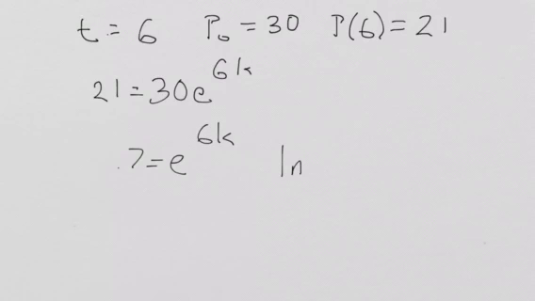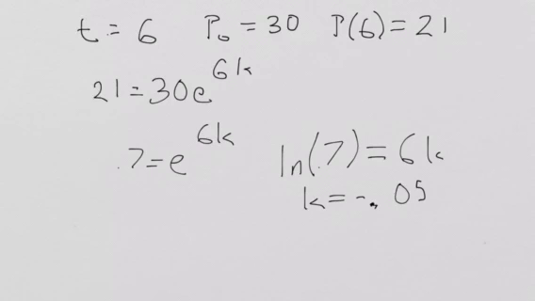Do the ln of both sides. ln of 0.7 equals 6k. And eventually your k is going to come out to be negative 0.0594. And it's negative because it's decaying.